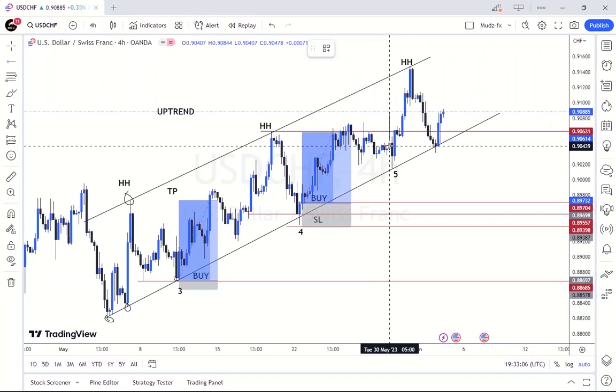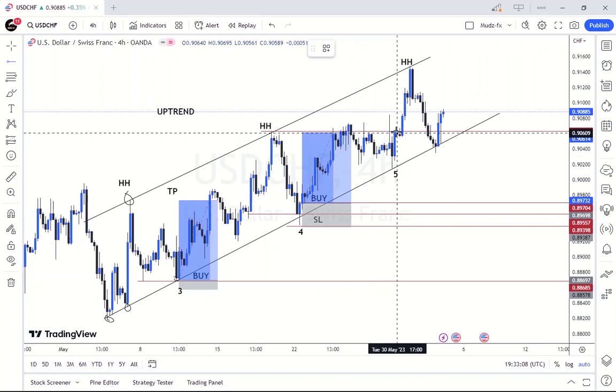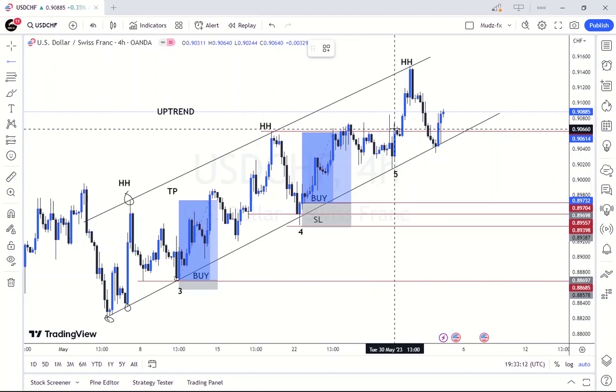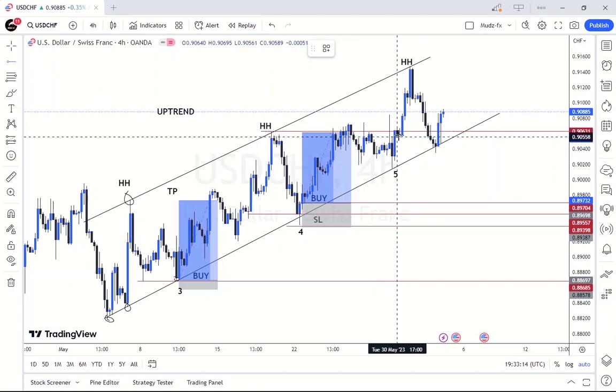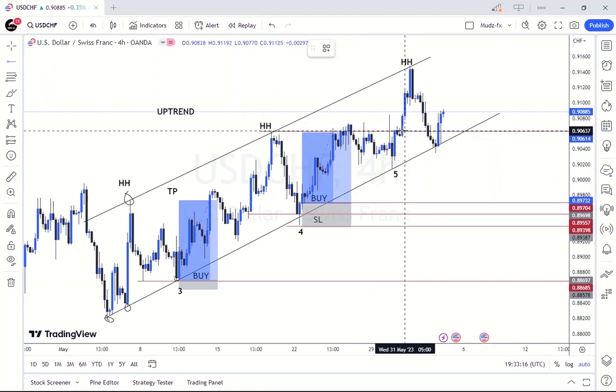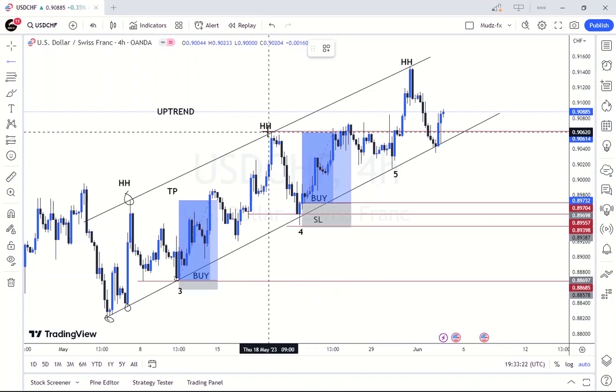So if you want, you can decide whether to take this one just right after the closing of this engulfing, which is right above this previous resistance that we used as take profit on our previous entry, right?